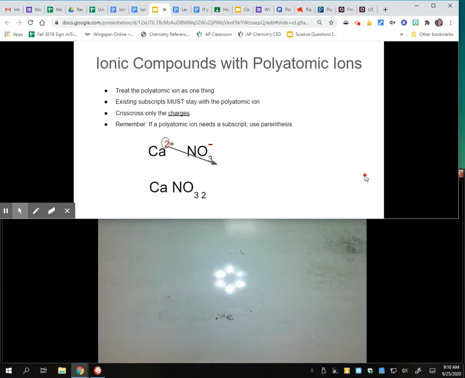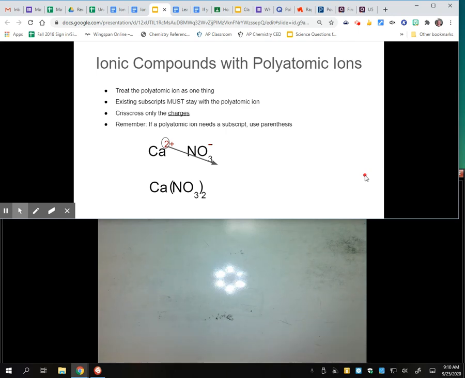What we meant to say is that we've got calcium bonded to 2 nitrates, and adding the parentheses does that. So when you have to add an extra subscript to a polyatomic ion, you put the polyatomic ion in parentheses and the subscript you're adding outside of the parentheses.